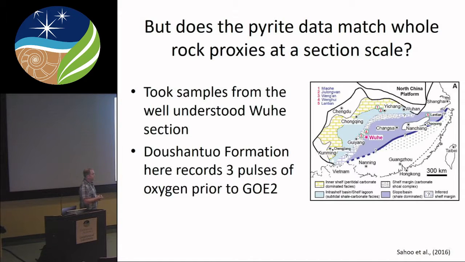So this suggested that on a very broad Earth timescale the trace elements in pyrite seem to be mimicking metal availability in the ocean, as shown by those whole rock methods.